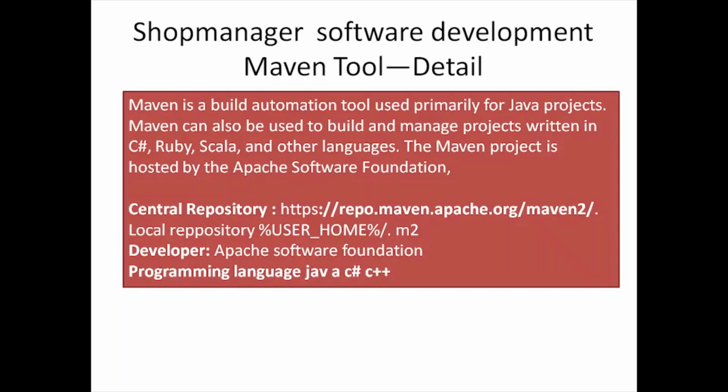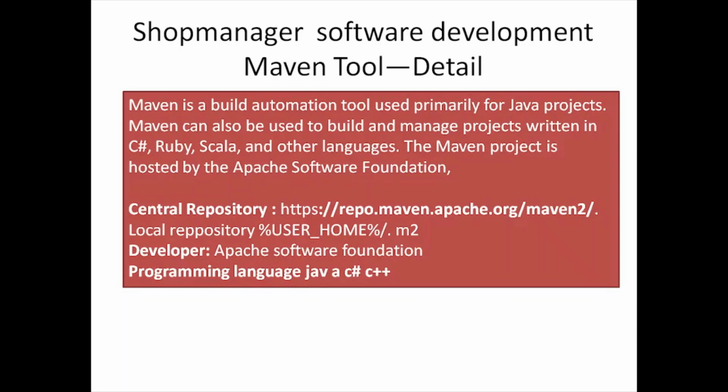So in order to create the Shopmanager software, we have chosen the Maven tool. This is another type of tool which helps us manage our software. It simply brings the required dependencies from the remote repository.